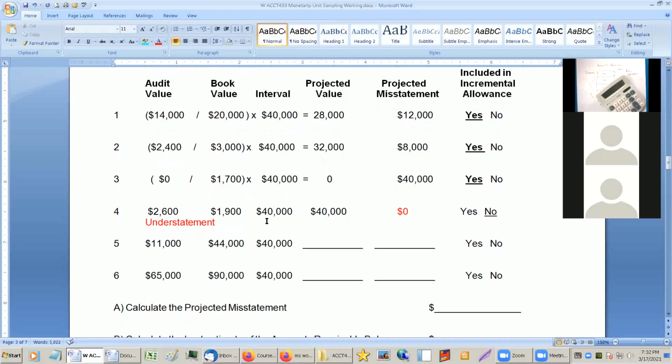Okay, now for the really wacky ones. You'll notice the book value is more than the interval, so it was 100% sure that this one would have been caught.